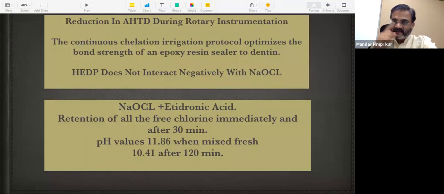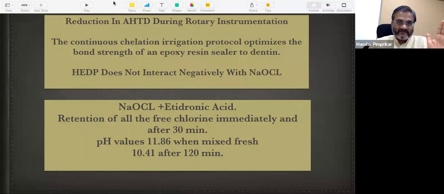And if the smear layer is not formed at all, the lateral canals and the dentinal tubules are kept patent or open to receive the hypochlorite. That is why you have better penetration of hypochlorite. I hope you got the concept.